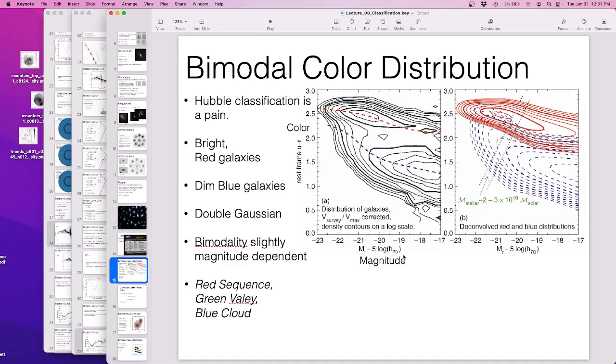And then down here on the magnitude, so this is color. Magnitude is M_R minus 5 log h70. What's M_R? That's an absolute brightness in the red band. Does that make sense? And this 5 log h is annoying as hell.